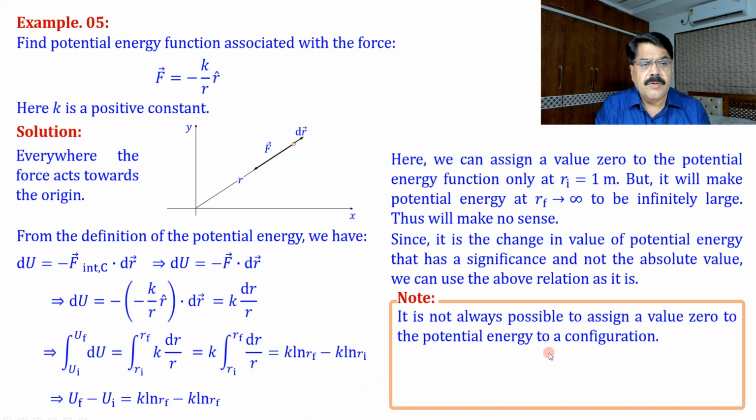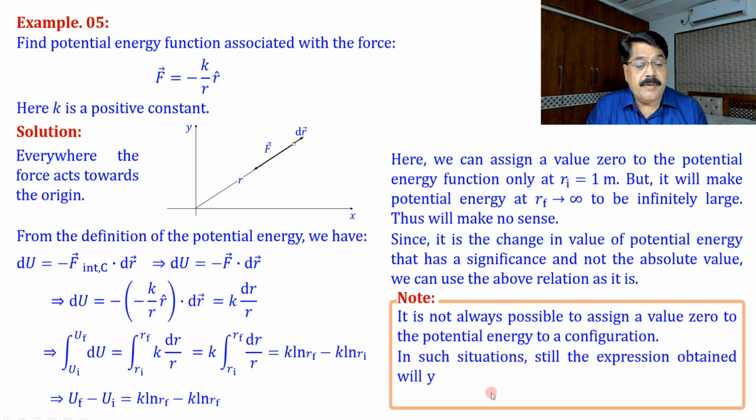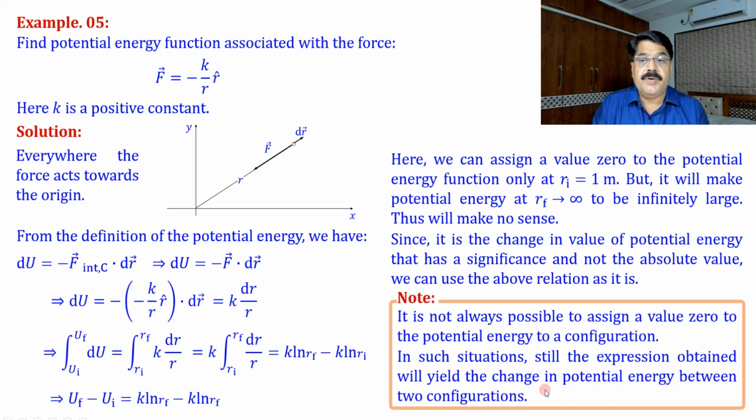In that case, whatever relation we find, the same relation will be used to calculate change in potential energy. In such a situation, the expression obtained will still yield the change in potential energy between two configurations, and that is what we are interested in.